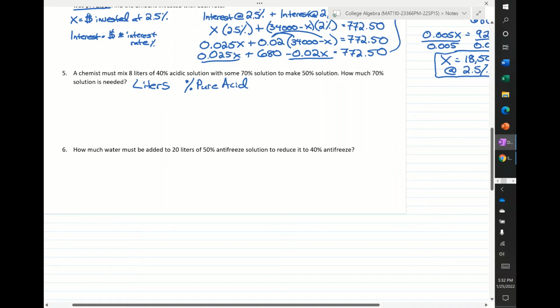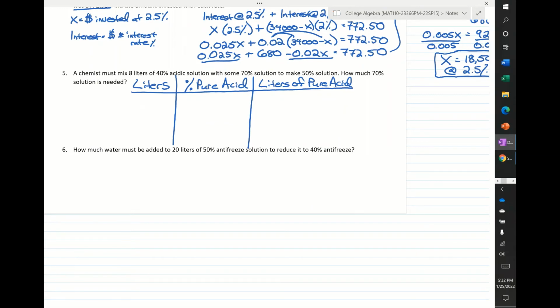And then the third column is liters of pure acid. All right, so let's go through this.